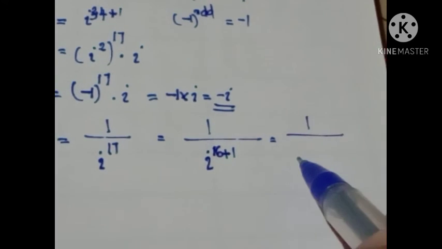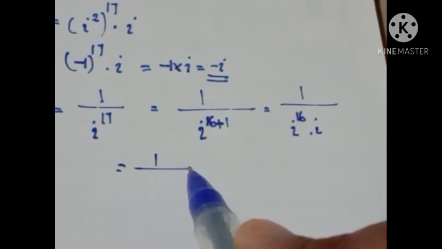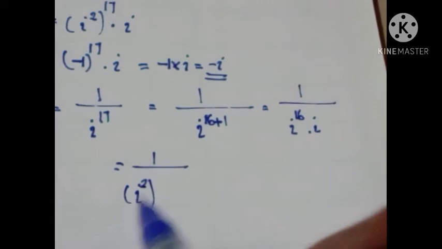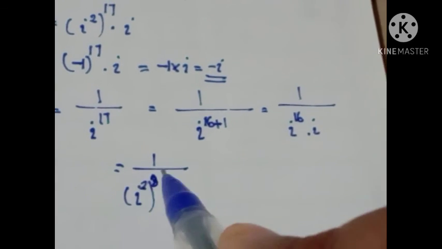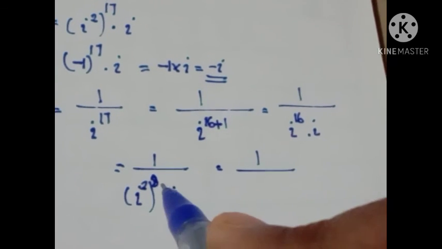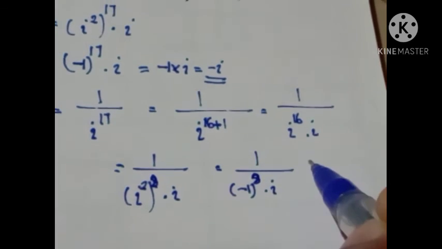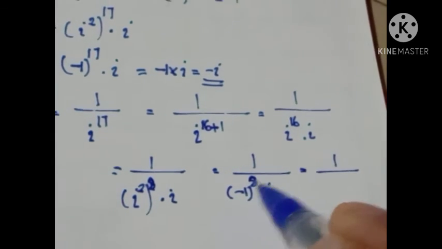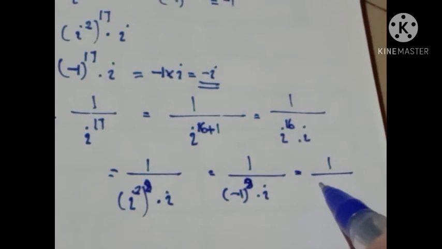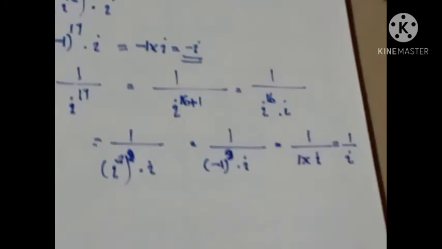It is 1 by i raised to 16 into i, or 1 by i square raised to 8, since it is 16, into i. Now i square is minus 1. Minus 1 raised to 8 into i. Minus 1 raised to an even number gives positive 1. 1 into i. It is 1 by i.